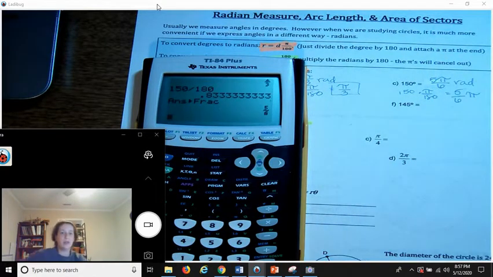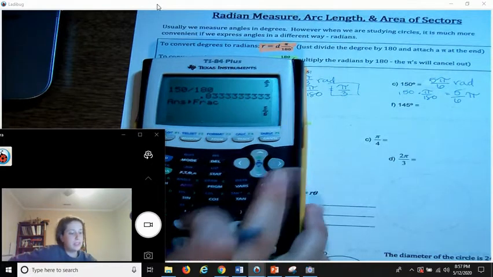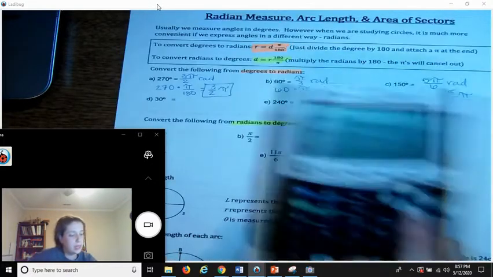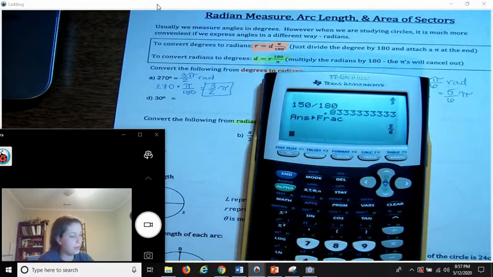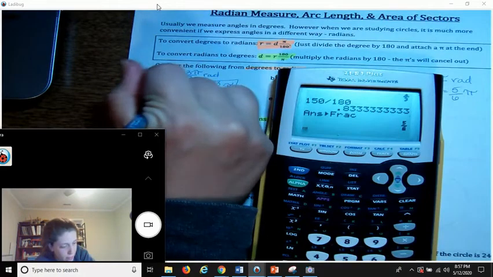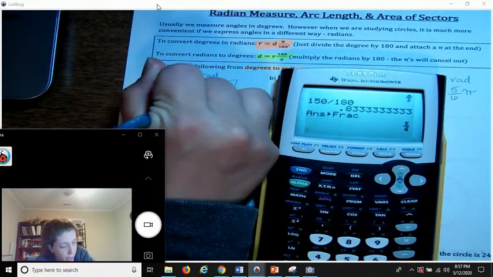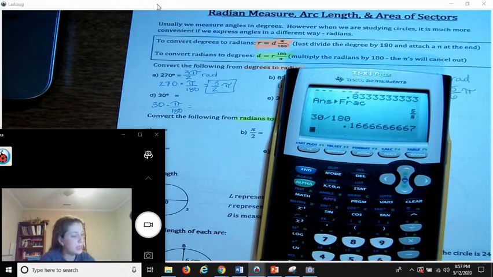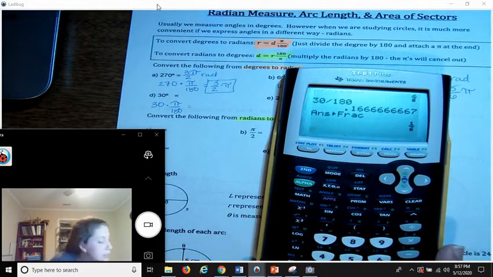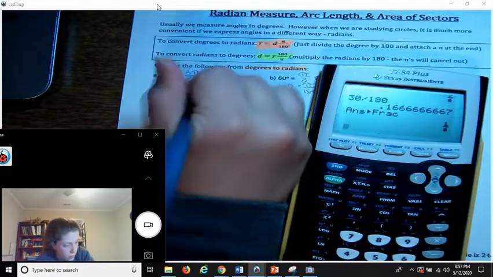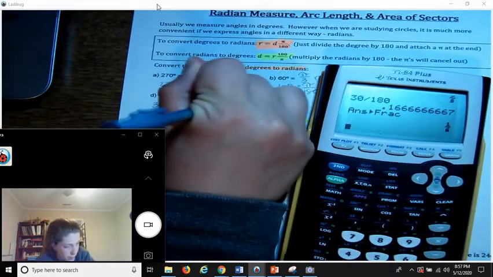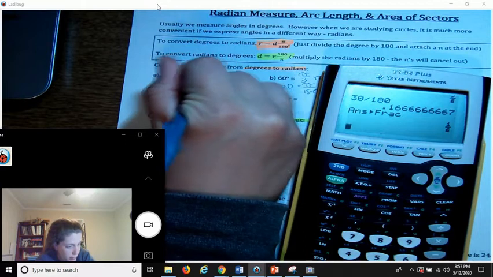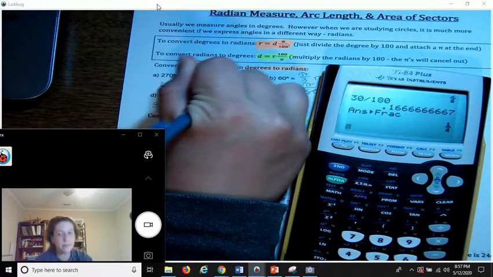Then if we move on to D, we have 30. So we should have 30 times pi over 180. 30 divided by 180 is, math, enter, 1/6. So we get 1/6 pi. So this is pi over 6 radians.